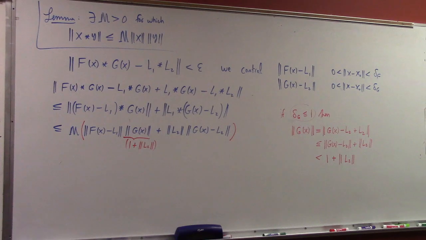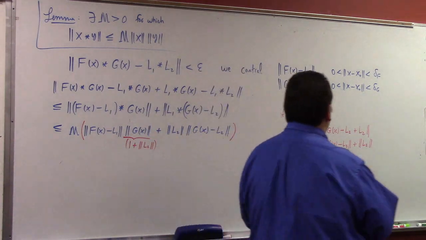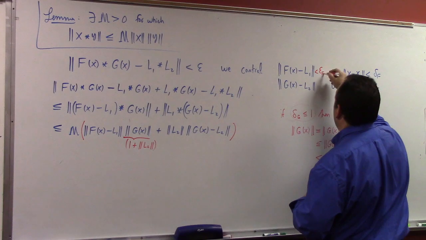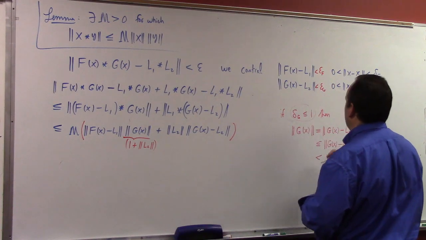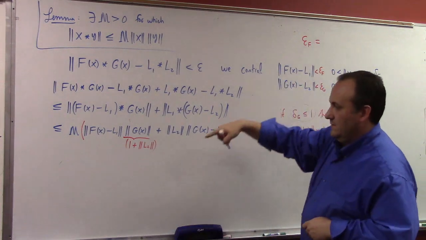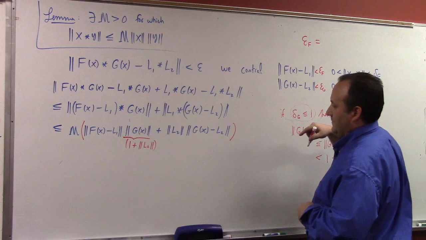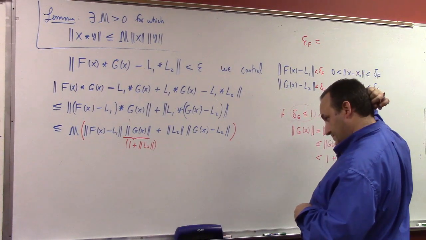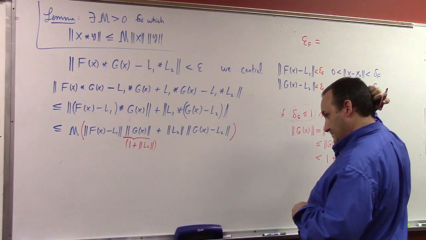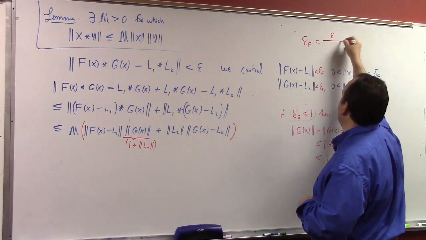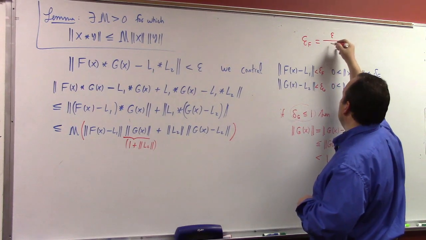So if we make epsilon, this is less than epsilon f, and this is less than epsilon g. We have control over those. So maybe I should make my epsilon f equal to epsilon over 2, perhaps.